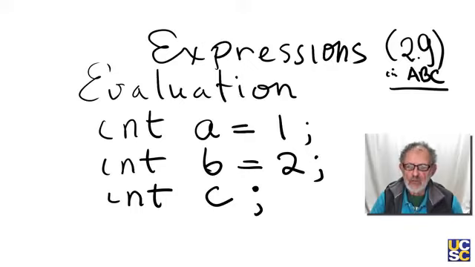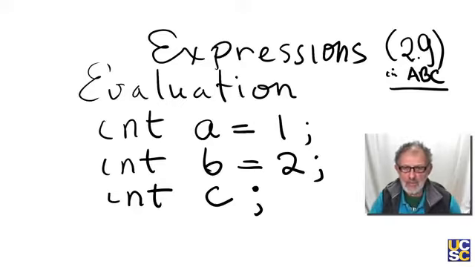I'm going to show you some very simple cases so you can get the central idea, and the central idea is going to be know how the operator works, know its precedence, and know its associativity. So we're going to start with three very simple variables.